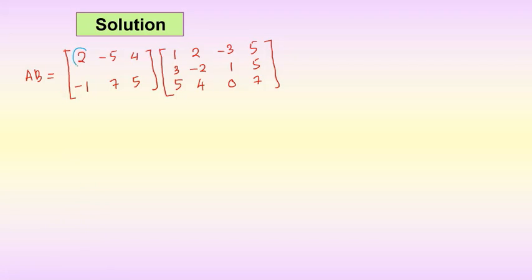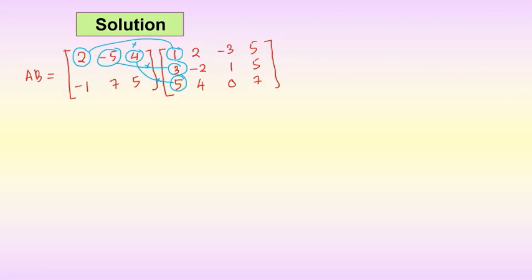In order to get the first entry of the new matrix, we multiply the first entries, then the second entry of the first row with the second entry of the first column, and then the third entries with the third entries.